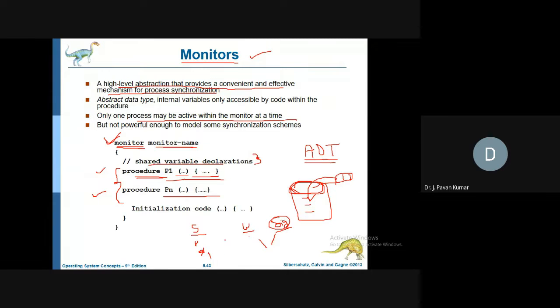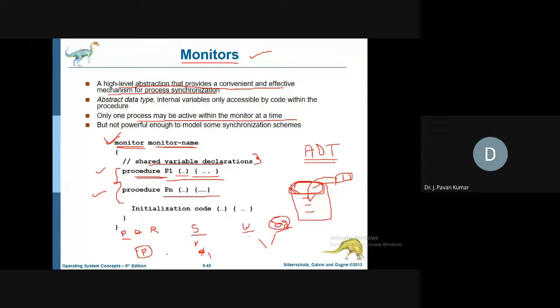Now consider there exist several processes, P is one process, Q is another process, R is another process. P is executing the wait operation. What is the semaphore value? Let us assume 1. So it will enter the critical section. So P is in the critical section now.